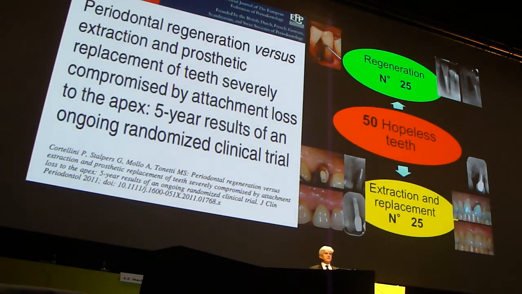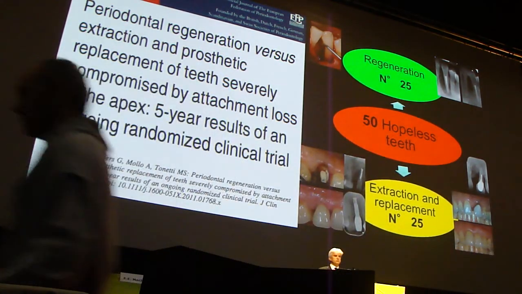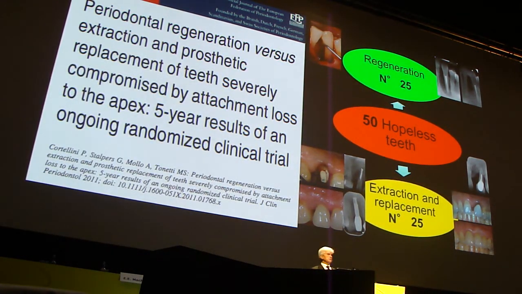We randomized 50 of those teeth, and in 25 we proposed periodontal regeneration. 25 were extracted and replaced either with tooth-supported reconstruction or implant-supported reconstruction.